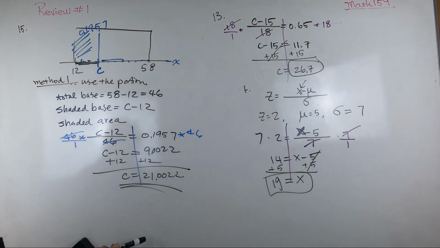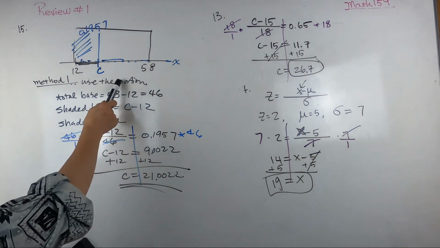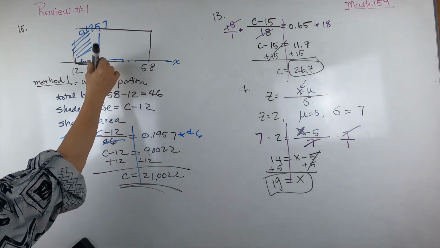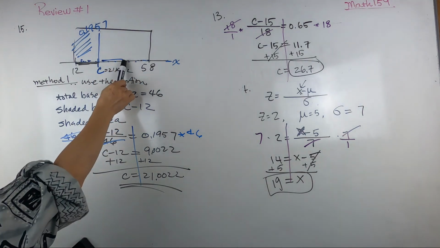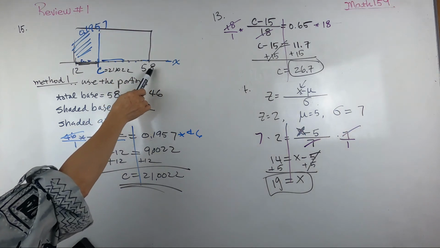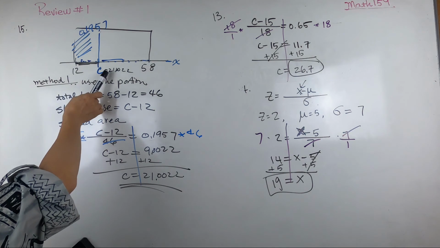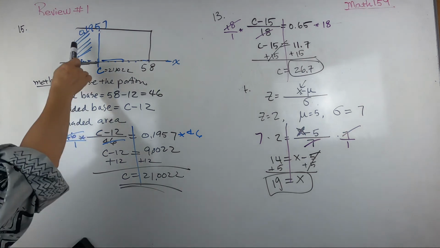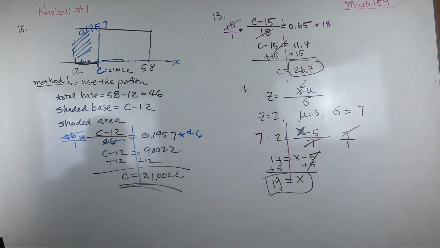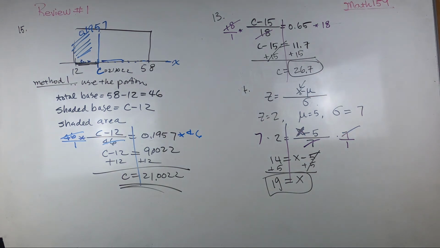The chance for you to wait up to 21 minutes is 19.57%. So instead of waiting for 23 minutes, 40 minutes, 58 minutes, if you wait for 12 minutes till 21 minutes, the chance for you to do that is 19.57% for you to wait for the bus less time.